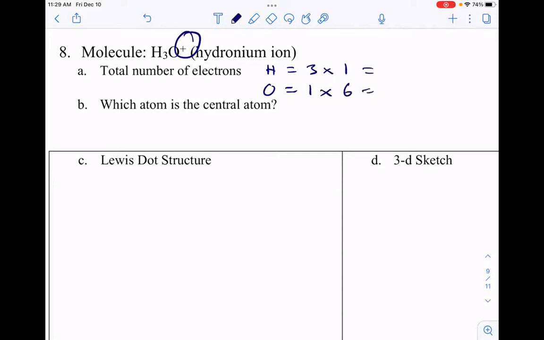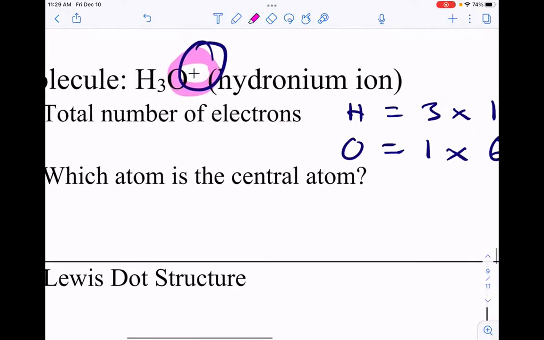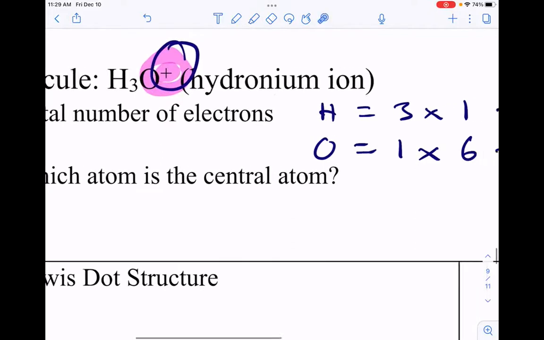And so here we have 3 plus 6, so that's 9. So according to our calculations, we have 9 valence electrons. Whenever you guys are working with polyatomic ions and there is a charge, you need to incorporate the meaning of the charge in your total valence count.